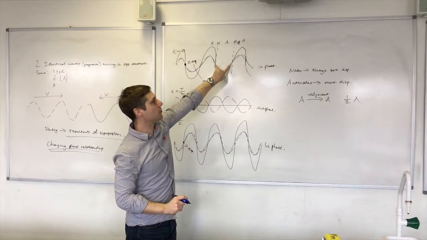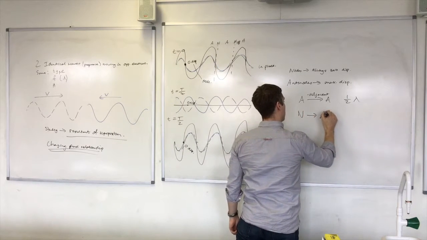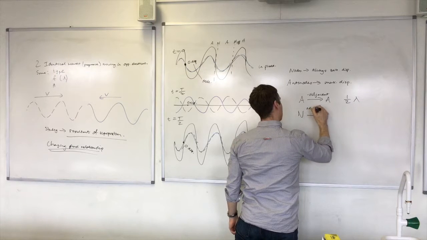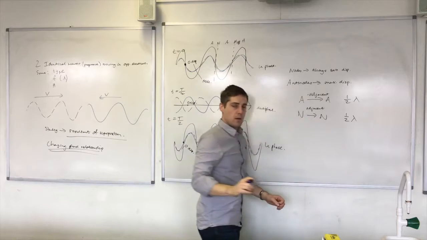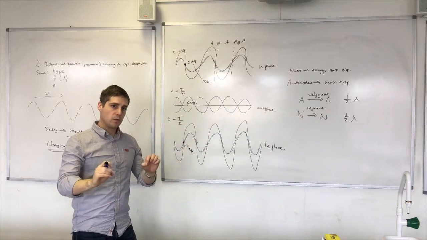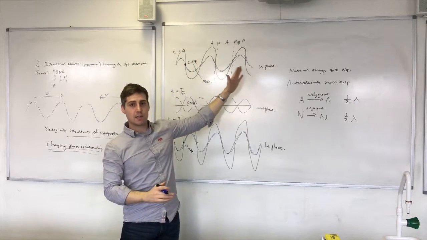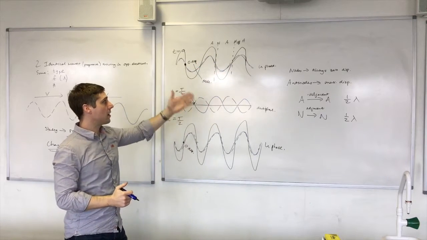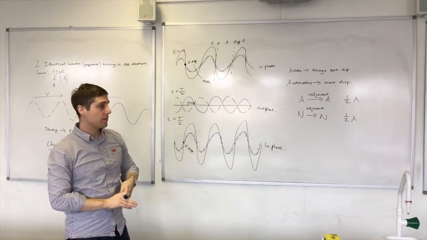So those two points are half a wavelength apart as well. So the distance between adjacent nodes or adjacent antinodes is half a wavelength. Nodes and antinodes are evenly distributed, so they're all half a wavelength apart.